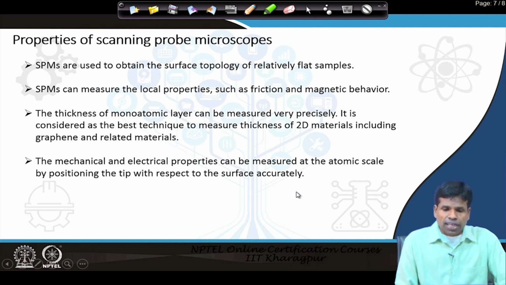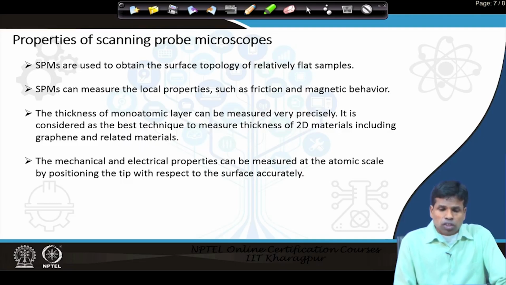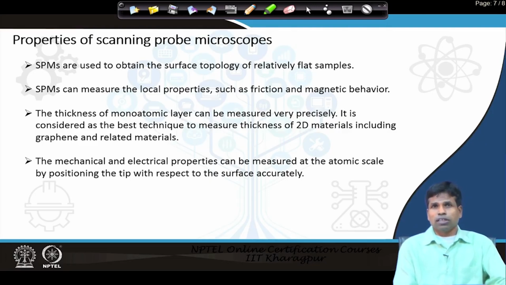The properties of the scanning probe microscope: these are used to obtain surface topology of relatively flat samples. When I say relatively flat sample, certainly it has to be flatter than what we study in the scanning electron microscope or helium ion microscope. If it is not flat enough, then there is more probability that the tip will touch the specimen and its tip surface will be damaged.